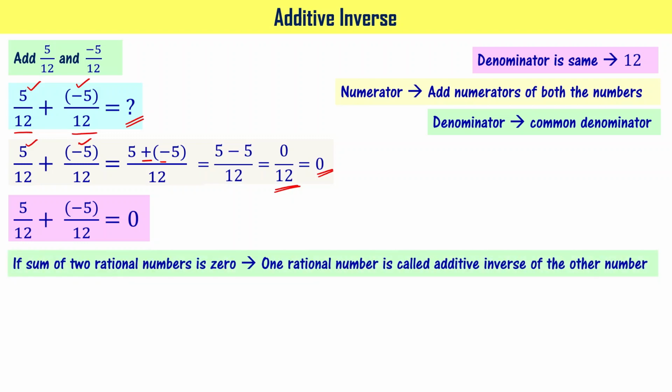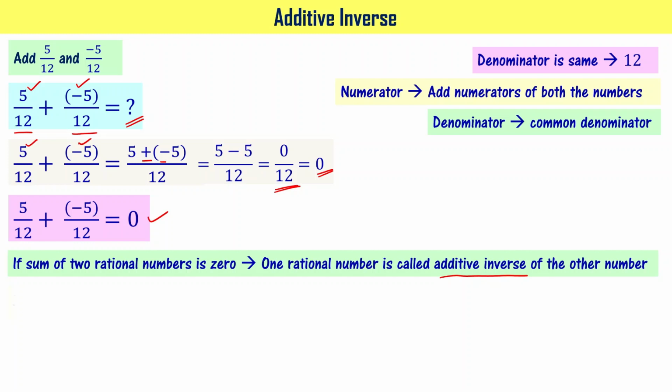Now, the point you have to note here is if the sum of two rational numbers is 0, as you have seen in this particular case, one rational number is called the additive inverse of the other number. Okay, that is the definition of additive inverse. If the sum of two rational numbers is 0, one rational number is called the additive inverse of the other rational number.